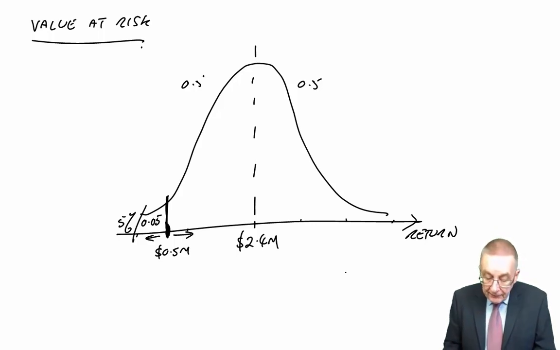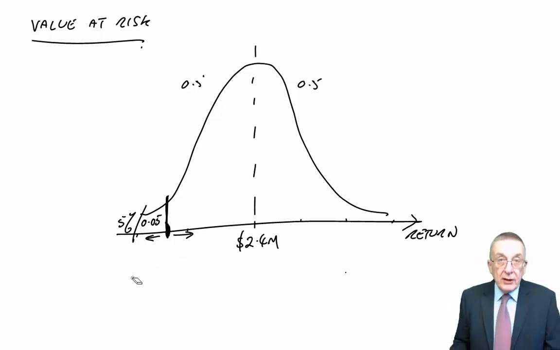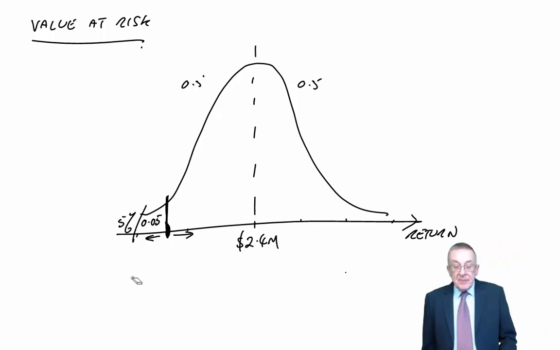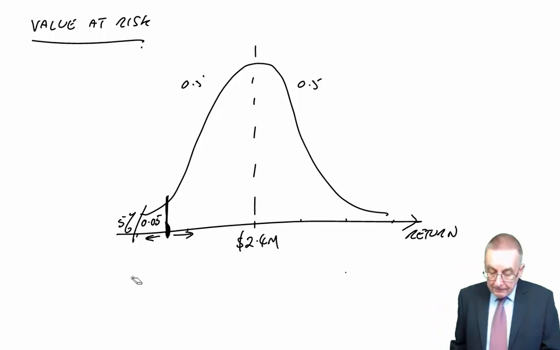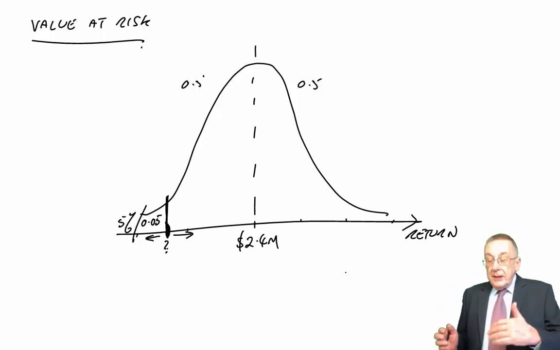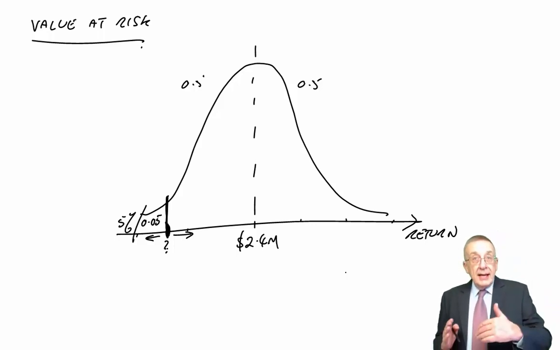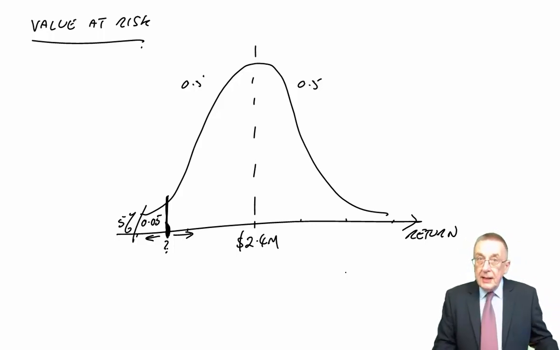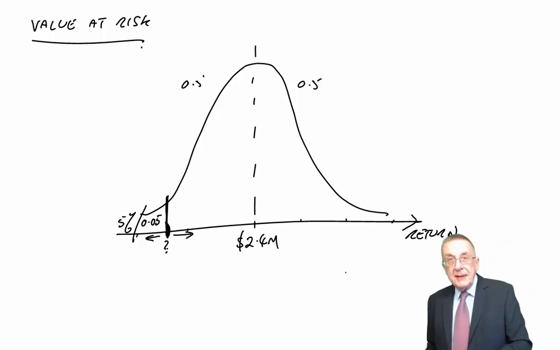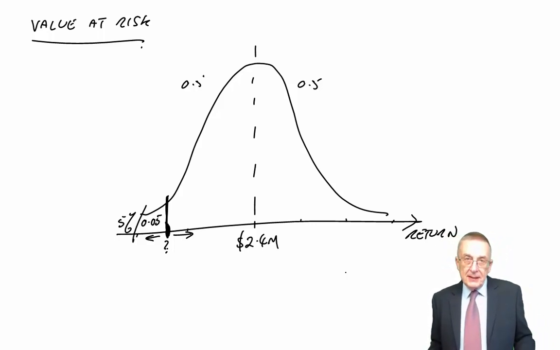Now, the 0.5 million I invented. That's what we've got to calculate. Is it 0.5? Is it 0.4 million? What is it? That's what we're after, effectively: setting this limit such that the chance of the actual return being below the limit is 5%, or of it being above the limit is 95%.